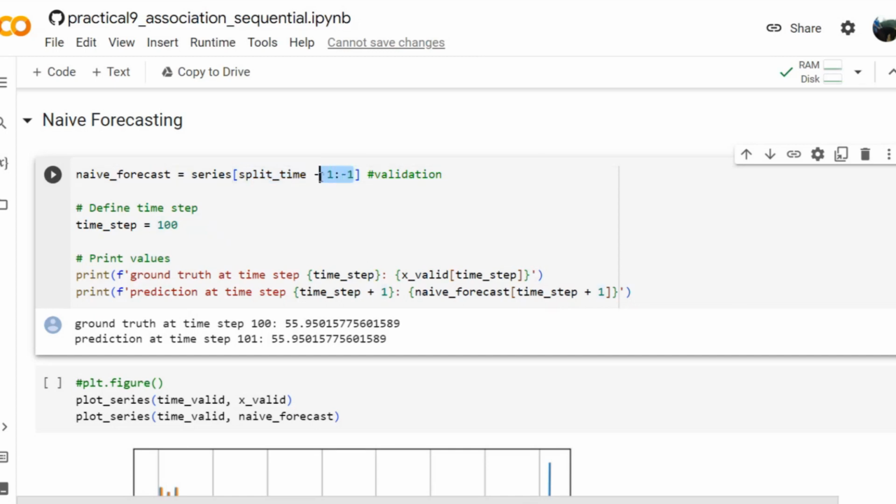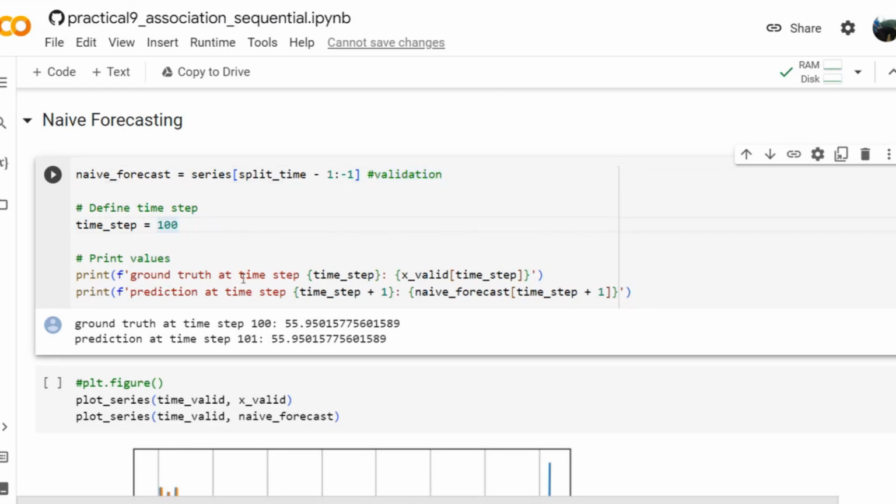We are shifting. That means the forecasted value for today is yesterday's value, and the value of yesterday is the day before's, and the value of the last 2 days is the value of the last 3 days, and so on and so forth. Okay? This is why we are shifting the value one step back, so that we use it to forecast. We assume this is going to be the forecasted value for the next.